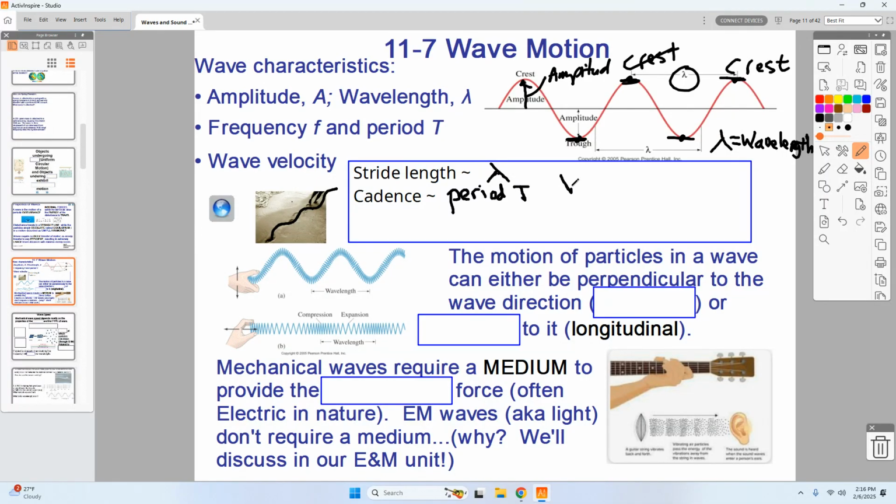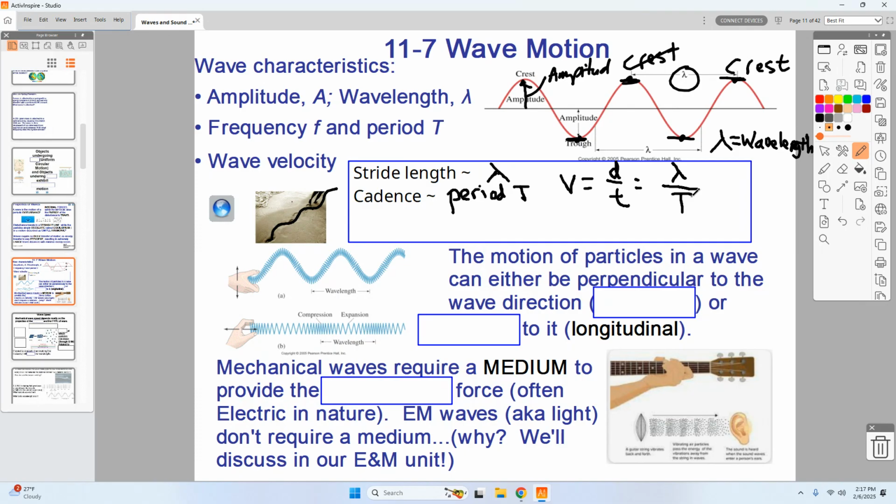If I wanted to find the speed, I would take a distance over a time. Well, the distance would be a wavelength. The time would be a period. So how far a wave travels in one period is a wavelength. So I could say velocity is equal to wavelength divided by period.